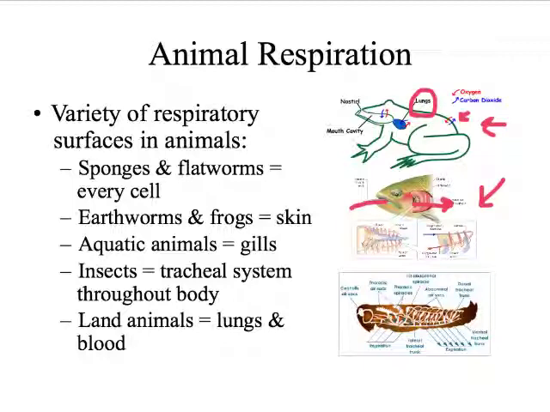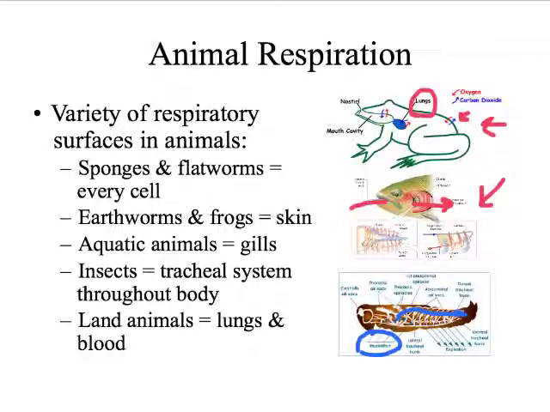Insects are kind of cool because they have what's called a tracheal system that runs throughout their body. So basically, they have little holes in their body, where the air is sucked in, and then it's distributed all along the length of their body.